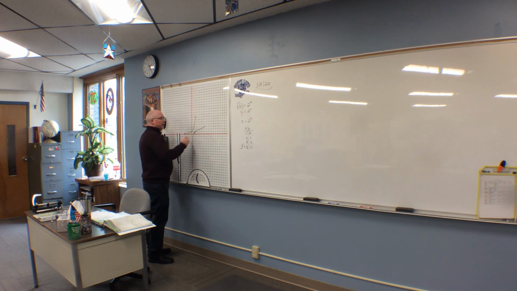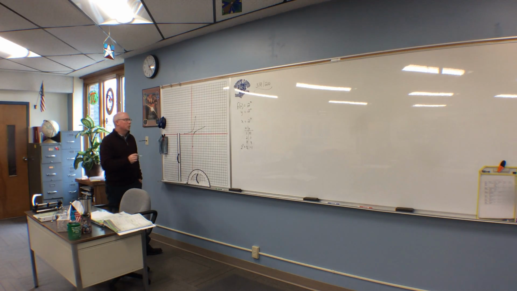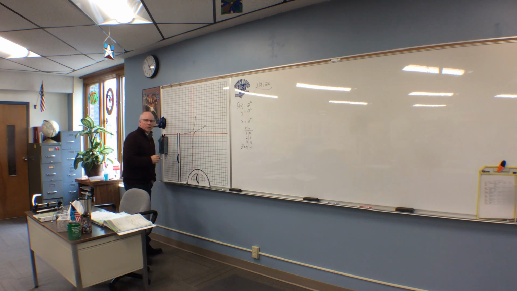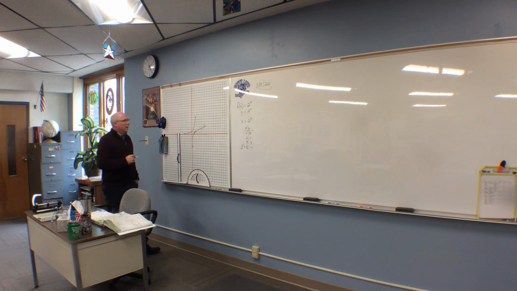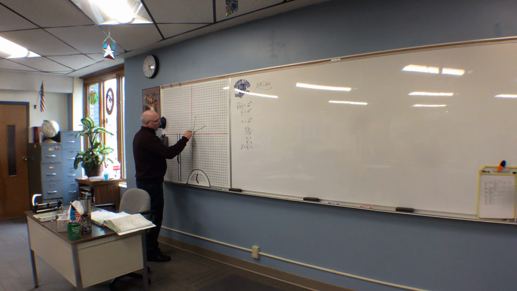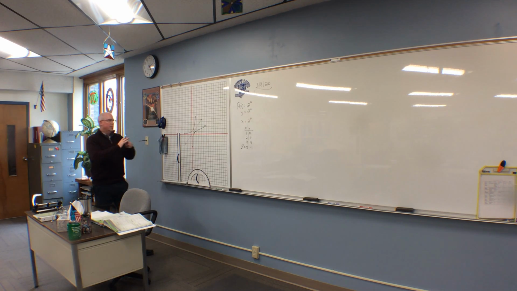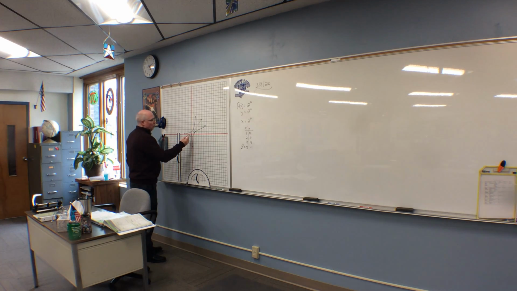Okay, so look at the two graphs next to each other. They are actually a reflection over this line, aren't they? If you reflected it, it would match up. In other words, if we switch the x's and y's, remember this point was 0, 1, this is 1, 0.